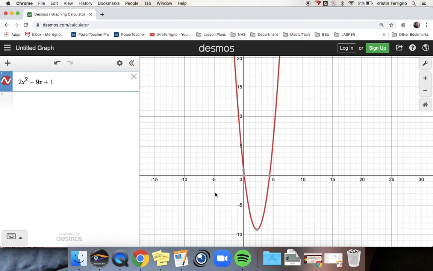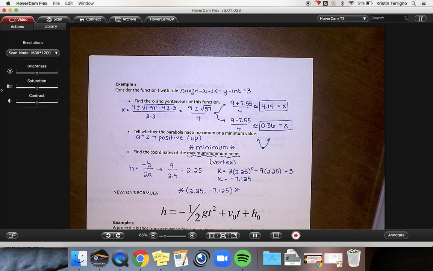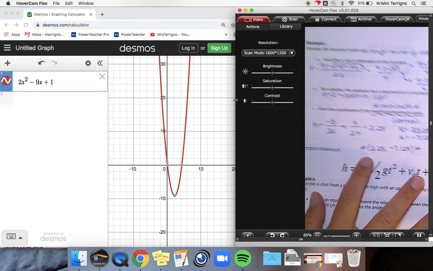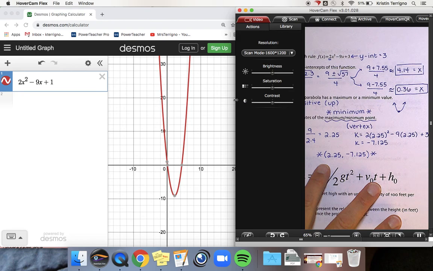There's my parabola. And just to remind you here, let's see if I can do this kind of split screen. I said a second ago that my intercepts should be at 4.14 and 0.36.